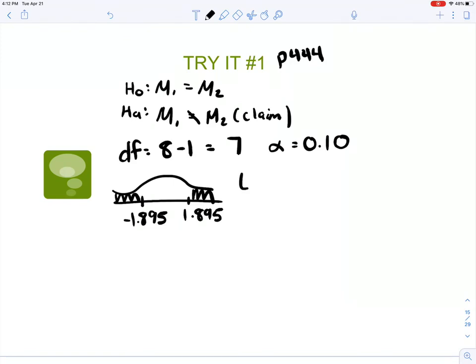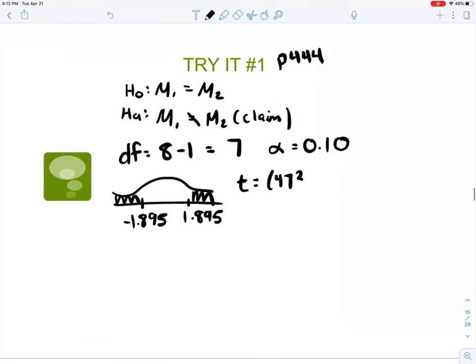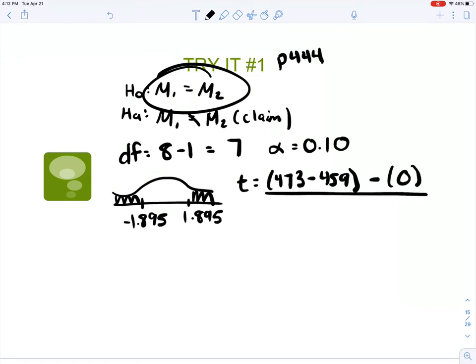So for my t-test, I first have to start with x bar 1 minus x bar 2 minus the population mean minus the population mean, but again we're claiming that they are equal, so their difference is going to be 0.